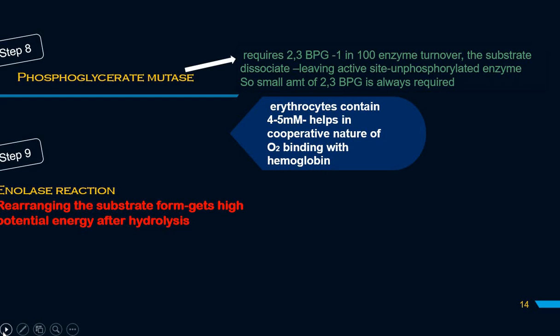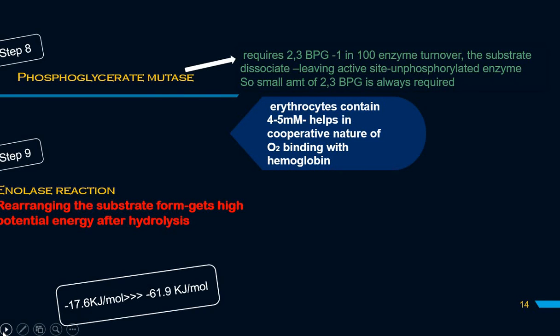In step 9, enolase reaction. The enolase reaction is rearranging the substrate form from low energy form to high energy form after dehydration. After removing the water molecule, the substrate is getting transferred to a high energy molecule. Before removing the water molecule, the free energy of the substrate is minus 17.6 kilojoule per mole.